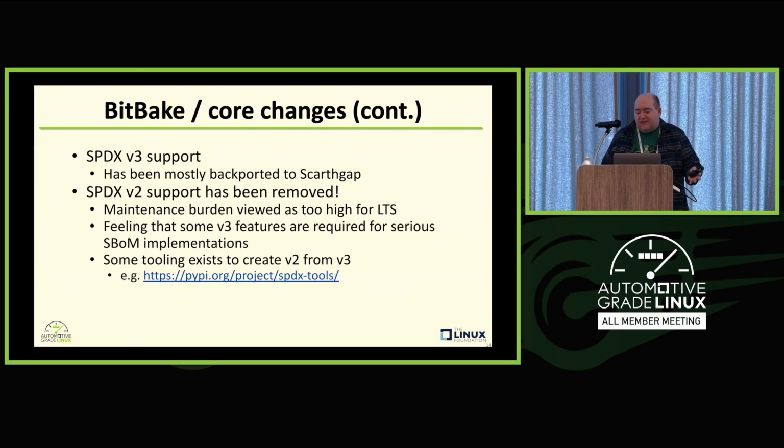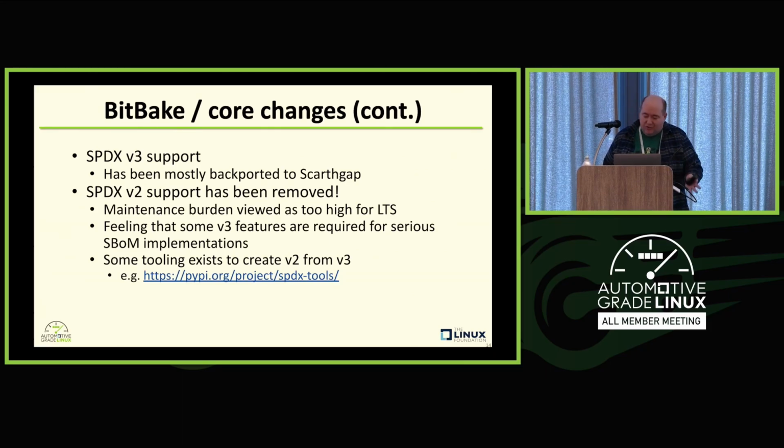There are features in v3 that the folks implementing this in Yocto say you need if you actually have to productize shipping SBOMs. So it doesn't make sense to support v2, because we should push people to v3 since they're going to realize sooner or later they need it.